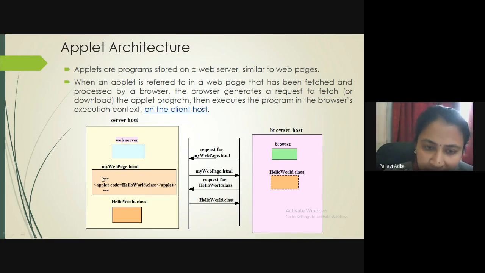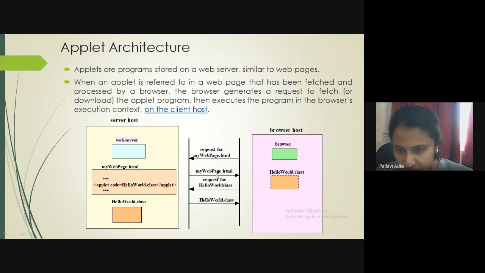This is the applet code, so it is executing both together. The HTML page content will be there, plus this extra thing they are sending, a complementary thing, the applet code hello world. What will happen?